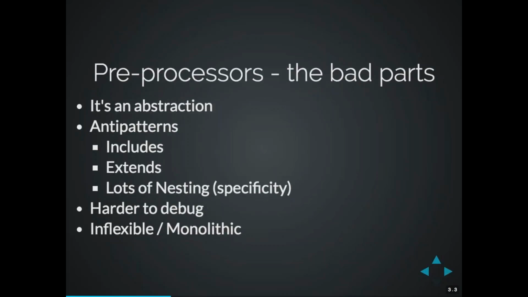The bad parts, as with any abstraction, it can be bad. Obviously, it makes your life easier, but it encourages some antipatterns. For the most part, you could solve these by looking at the CSS that your preprocessor generated, but that didn't always happen, so it could cause difficult problems and made it harder to debug, because you've got an abstraction on top of the CSS it generates in the end.